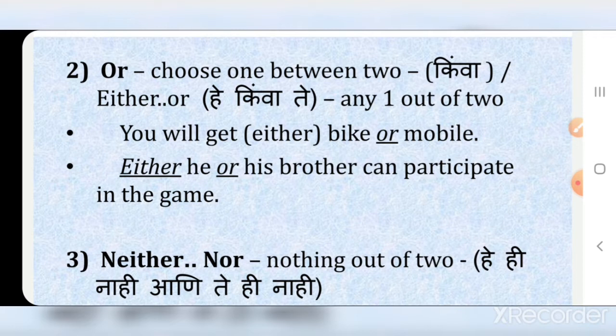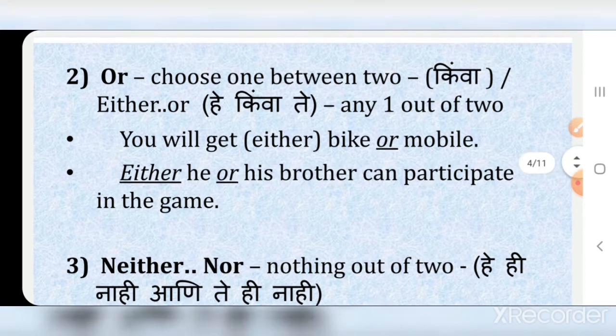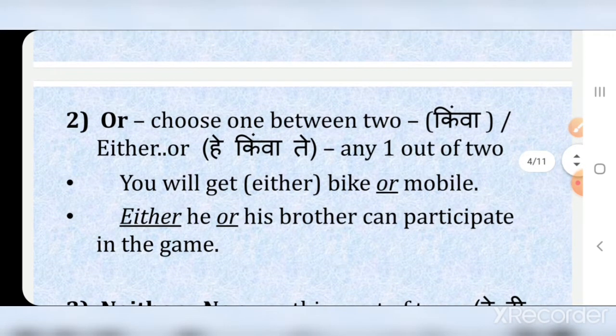Second is or. Choose one between two, that is its meaning. Okay, whenever there are two options and if we can take both the options, we use and.